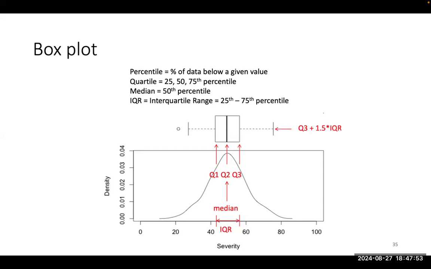Yeah, the whiskers go to Q3 plus 1.5 IQR, and beyond that you have outliers. Good. Any questions on box plot? I highly recommend this as a very useful way of depicting data and comparing groupings, because you have this distribution depicted in your graph.